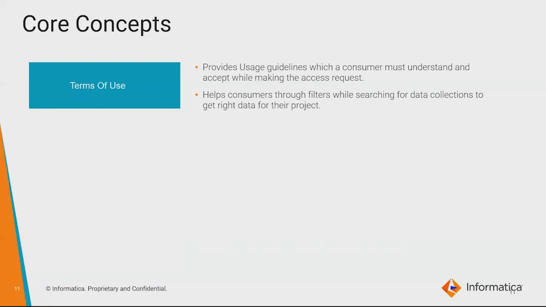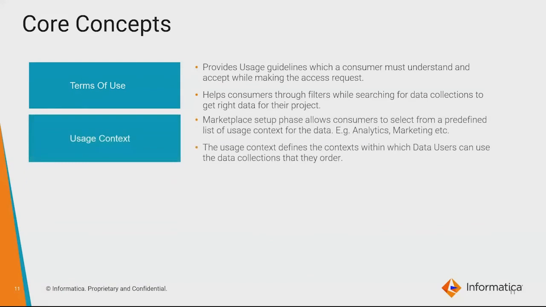There are types of terms of use which you'll see in the demo, like, as I mentioned, controllable, accessible, or restricted. Now, going further beyond terms of use, there's something called usage context as well, which you provide when you are shopping for the data.